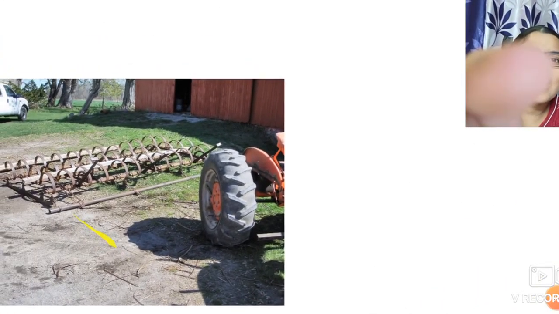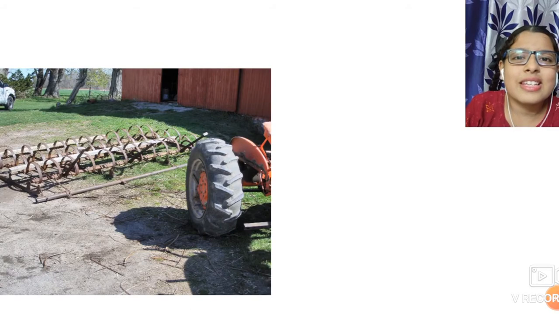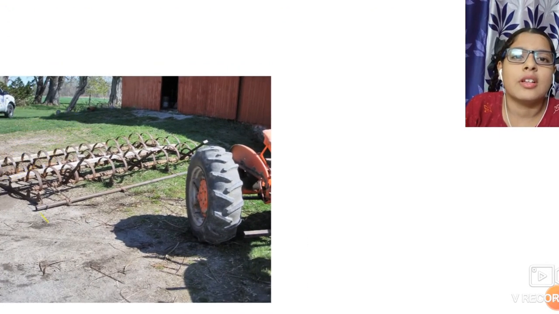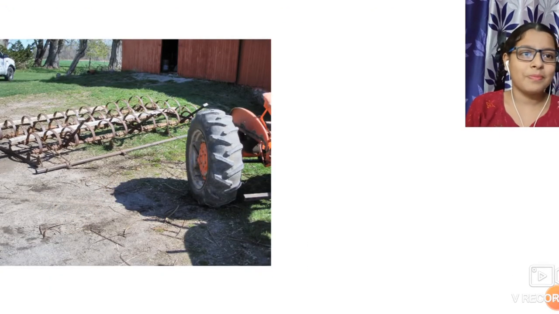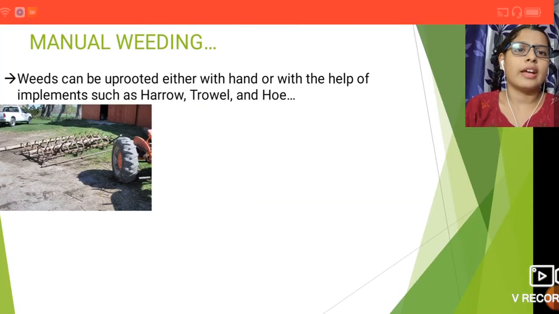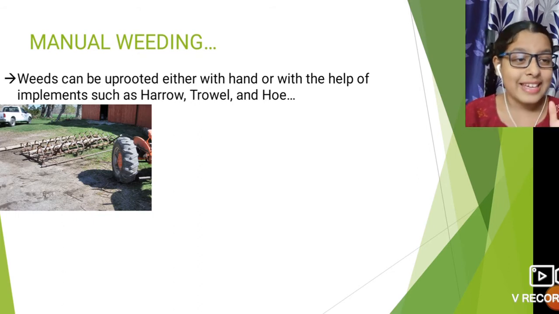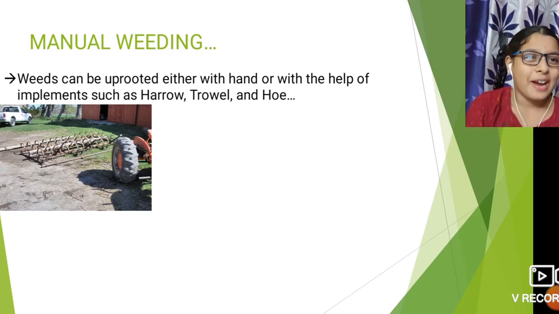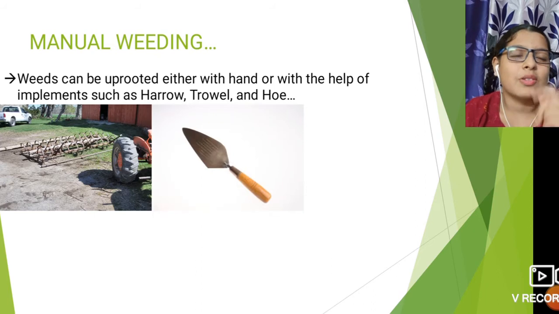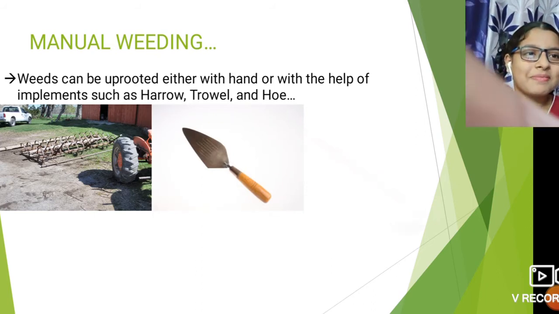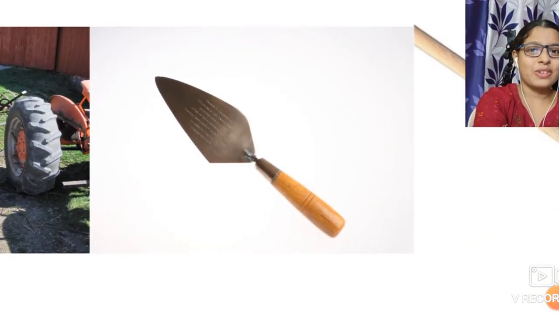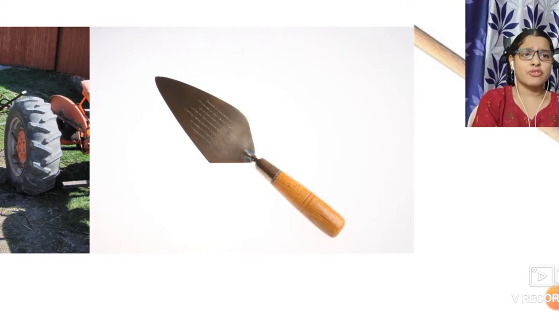Here's the first picture, we can observe it clearly. I'll zoom in. This is known as the trowel. I'm very sorry, this is known as the harrow. The next picture is the trowel. I'll zoom in. So the first picture is the harrow, the second picture is the trowel, and the third picture is the hoe.